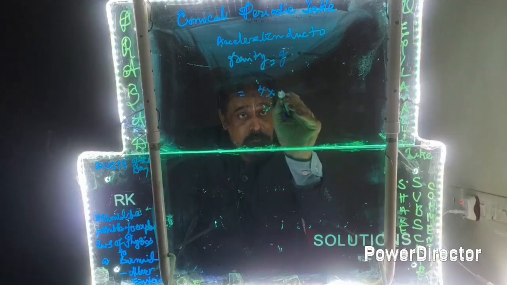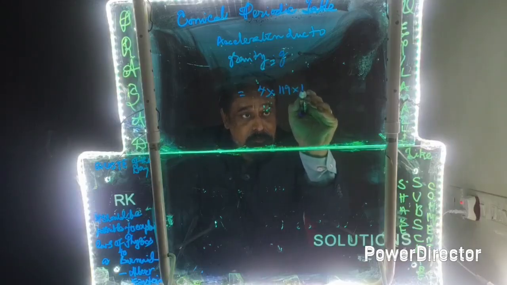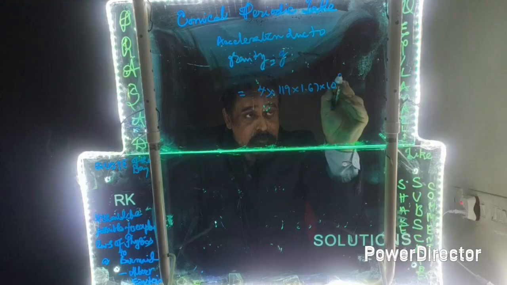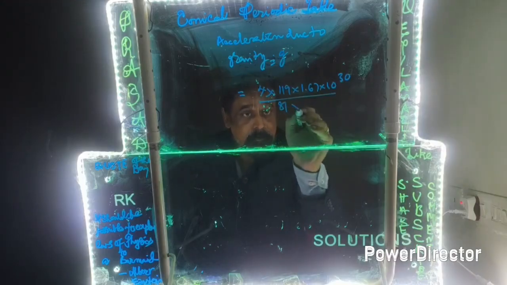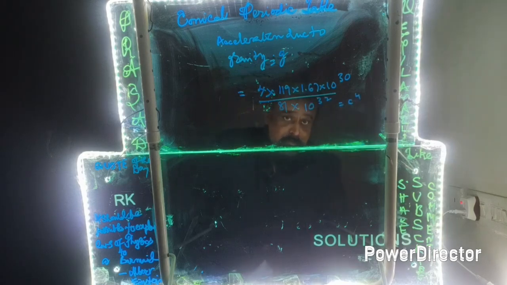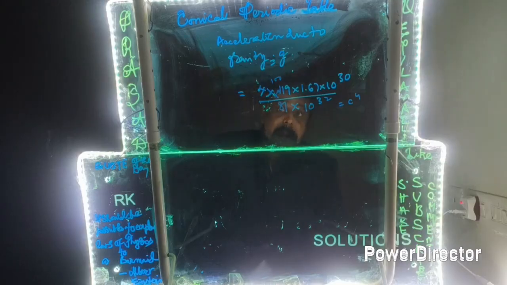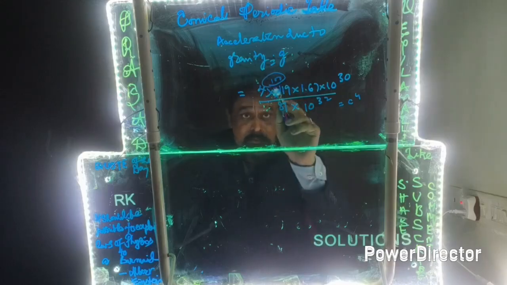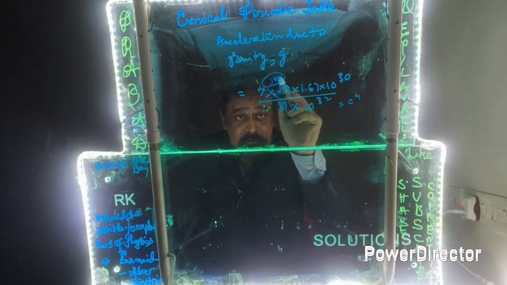Now, this G is equal to, as I told you earlier, 4 into 119 into 1.67 into 10 raised to minus 27, times 10 raised to 30, let's say, divided by 81 into 10 raised to 32. And where I went wrong was there was a factor of 100 here. So this 100, now we can very easily explain why we have to include this 100.